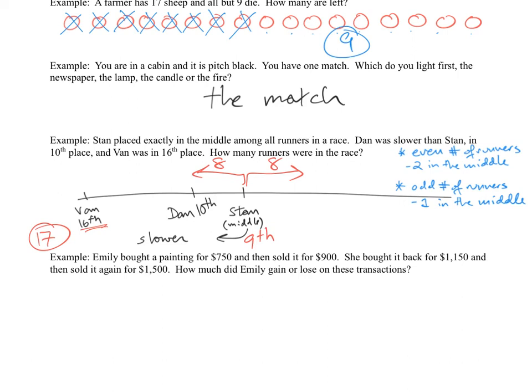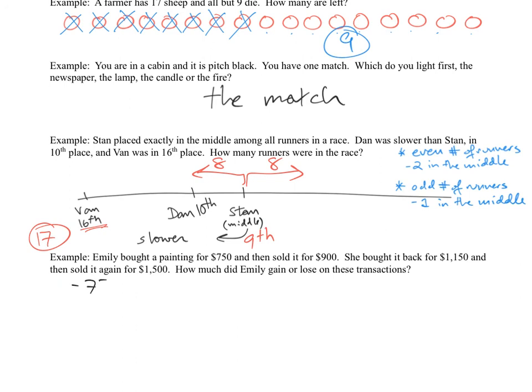The last example here, we have Emily. Emily bought a painting for $750 and sold it for $900. Then she bought it back for $1,150 and sold it again for $1,500. How much did Emily gain or lose on these transactions? All right, so if you pay for something, that is money going out.